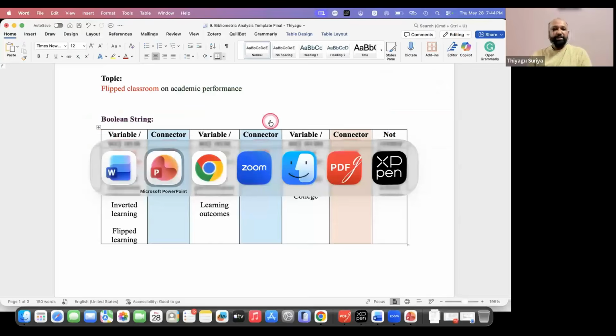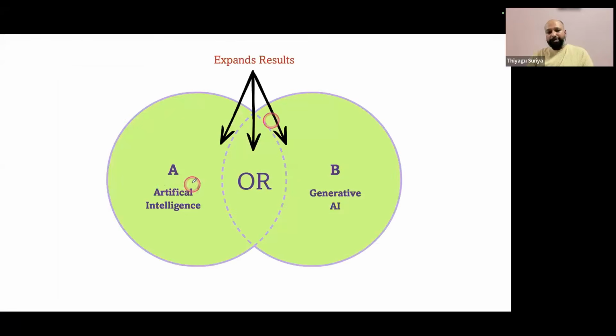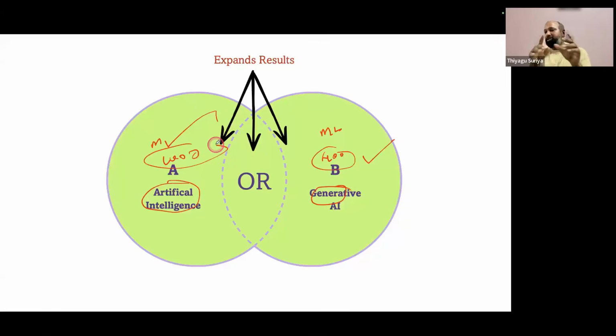You can see this diagram example here. OR means the artificial intelligence, wherever the machine learning, for example generative AI, it's going to take both. So this is 1000, this is 400, so it takes the 1400 together. So this is called the OR gate. It is going to take both. Wherever the similar key terms are used, you can use it.